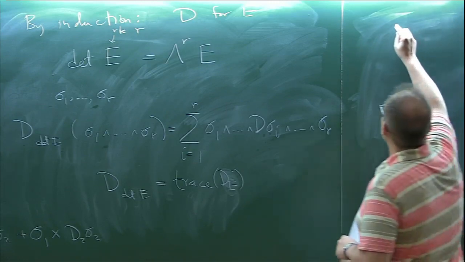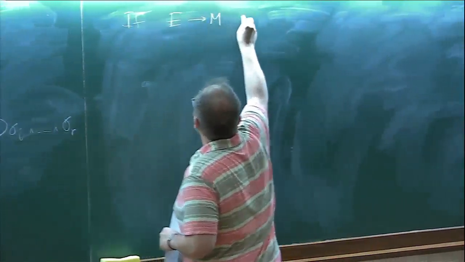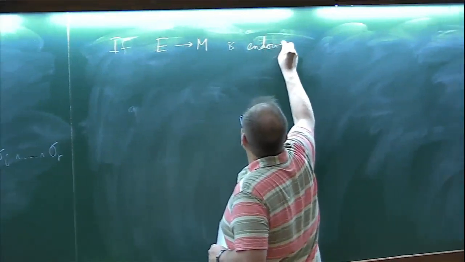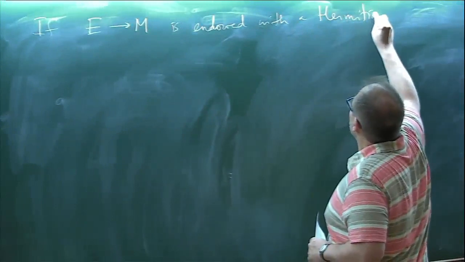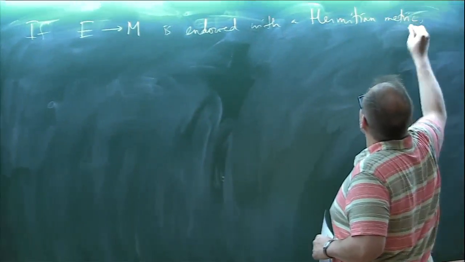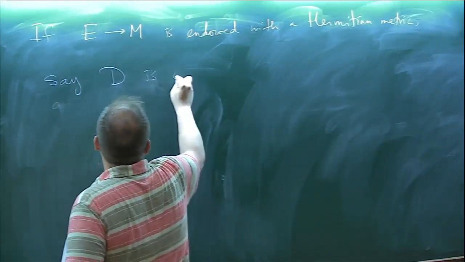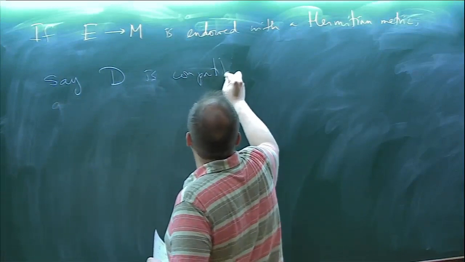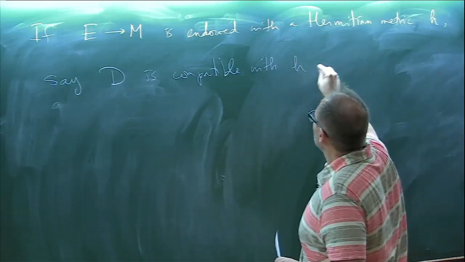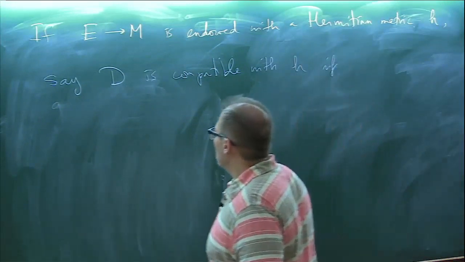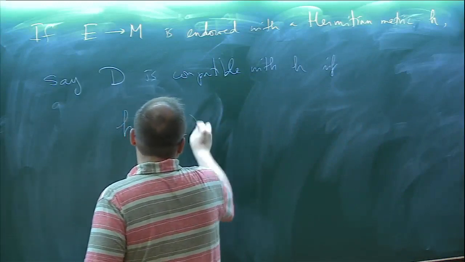But okay, so if the vector bundle E to M is endowed with a Hermitian metric, let's give this metric a name, H, you say the connection D is compatible with H if, you look at H acting on two sections, sigma 1 and sigma 2.